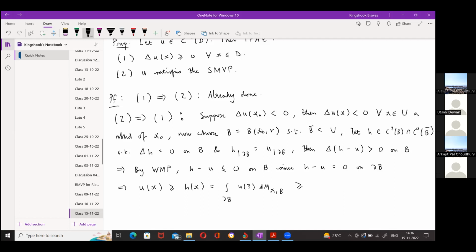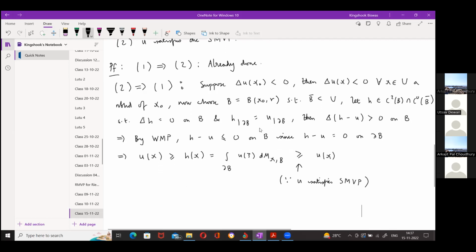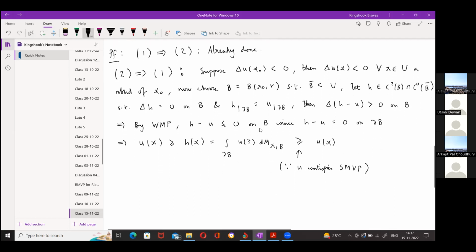So on the other hand, this is also greater than or equal to U of x, right? Because U satisfies the sub-mean value property, right?